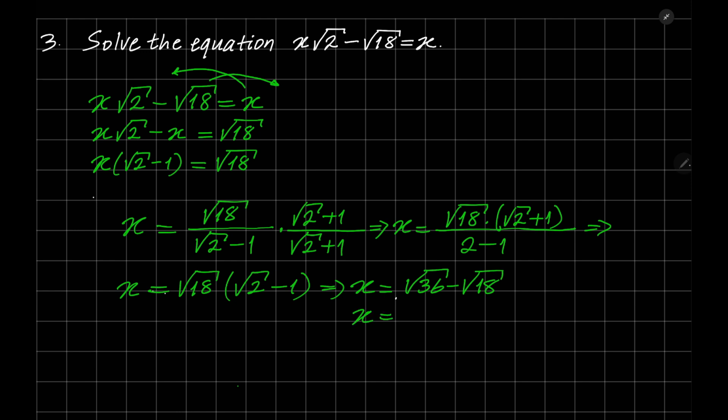And x is equal to 6 minus square root of 18, which is square root of 9 times 2, which is equal to 3 square root of 2. Then 6 minus 3 square root of 2. That's the answer.